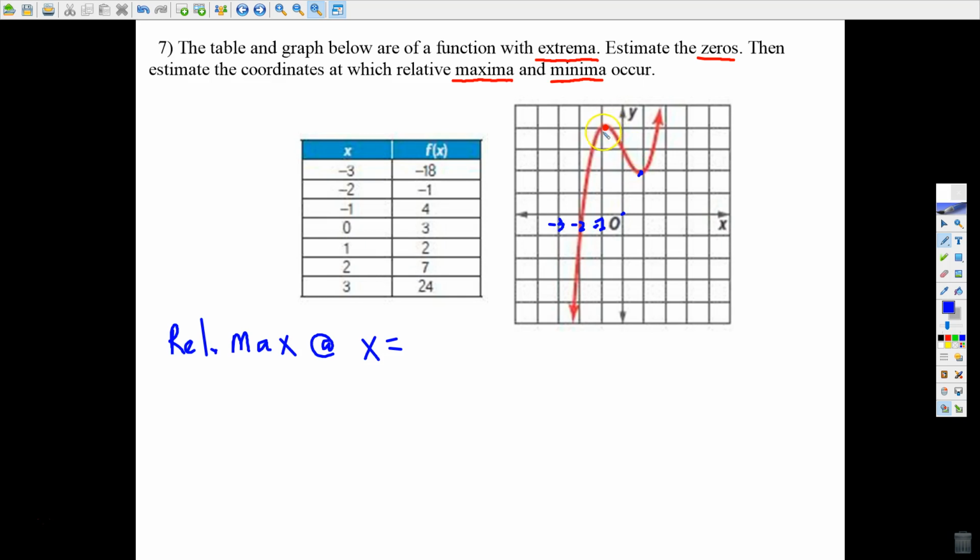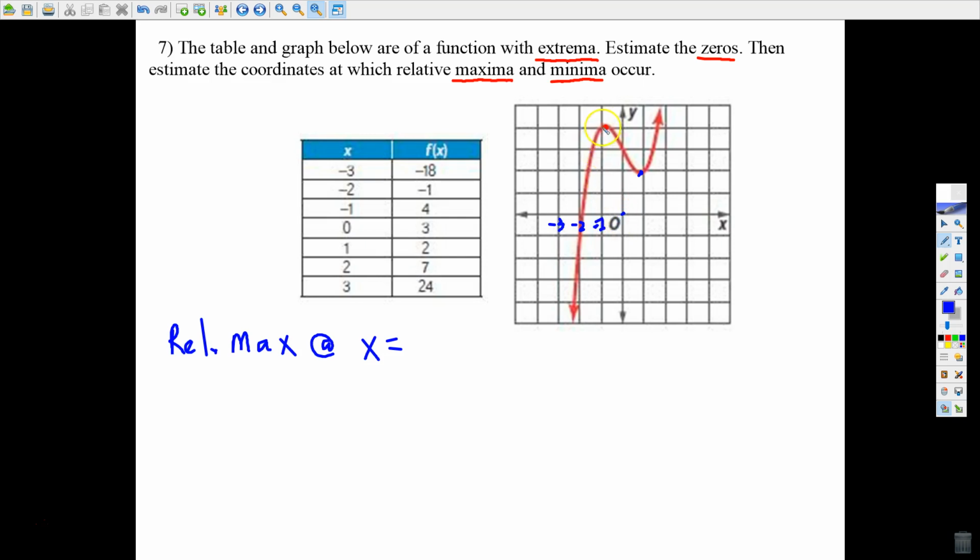Do you see where our inflection point or our turning point or relative maximum isn't exactly on -1, but it is near -1? So that's why they're telling you to estimate the coordinates. Now, in our examples in class, we didn't have to estimate.